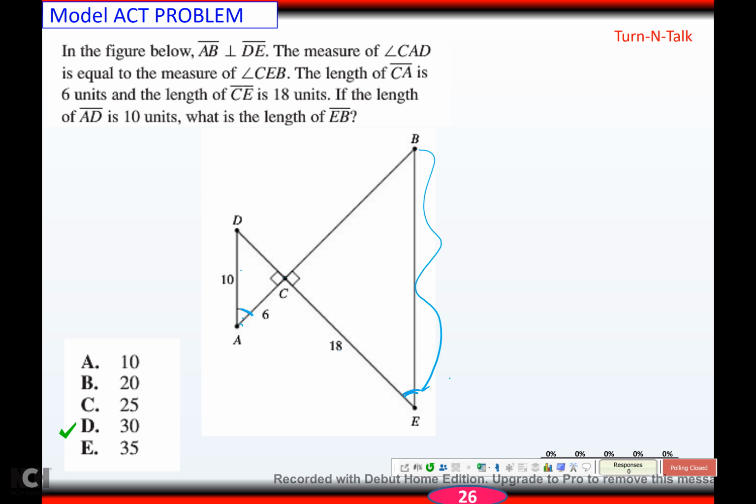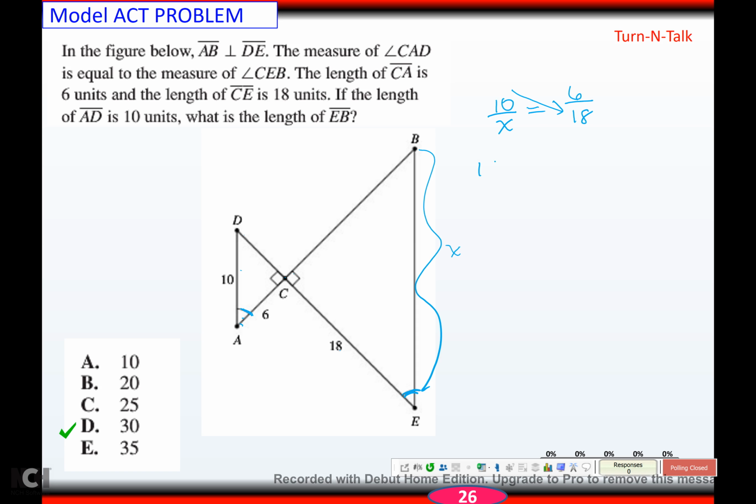Okay, so I can say that if I flip this over, then 10 would be in the same position as x, just as 6 is in the same position as 18. So if I solve that proportion, I can figure it out.